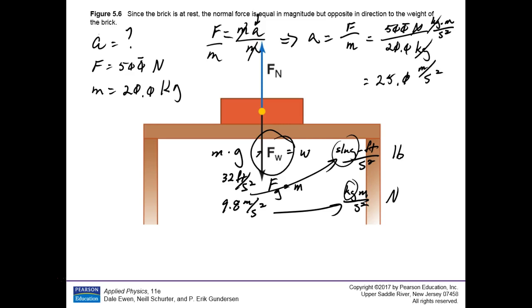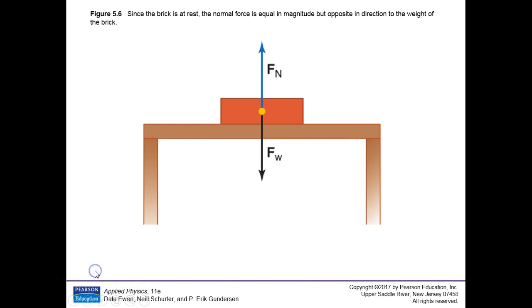So here is the formula for weight, okay? The force due to weight, let me erase all this other stuff so you can focus on here. Force due to weight is equal to mg. M is the mass in the appropriate units, slugs or kilograms, and g is the acceleration due to gravity in the appropriate unit, 32 feet per second squared or 9.8 meters per second squared.